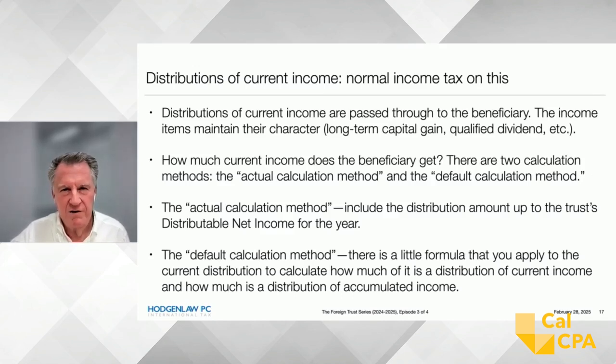How is it characterized and how is it taxed? And this is the default method. It's just a simple formula: you look at the current year distribution amount, you look at what happened in the prior 3 years, you do some simple math, and it will allocate the current year distribution either into ordinary income from the current year or to accumulation income that's distributed in the current year. And I'll go through both of them later too.